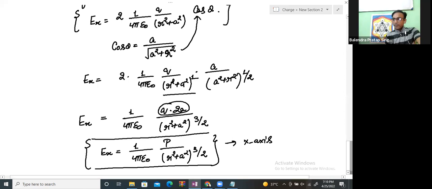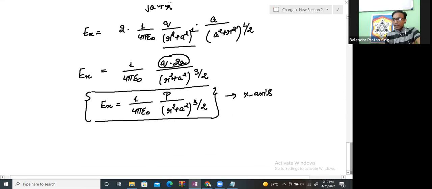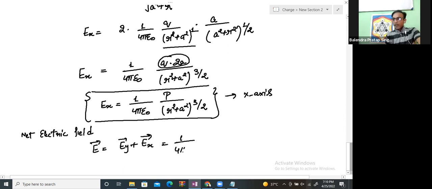Now the net electric field: as you know, the net electric field along y is 0, so the remaining is along x. That is equal to 1 over 4 pi epsilon naught P divided by r square plus a square to the power 3 by 2. Now what about the direction?